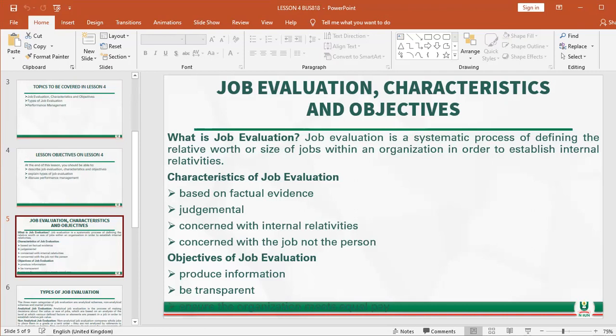And the fourth one we have here is concerned with the job, not the person. So basically, another characteristic here is you need to be concerned with the job, not the person. And I think a lot of organizations usually miss this. They are always concerned about the person. For instance, before you apply for a job, obviously you see the job responsibilities and the functions and whatever you will be doing.